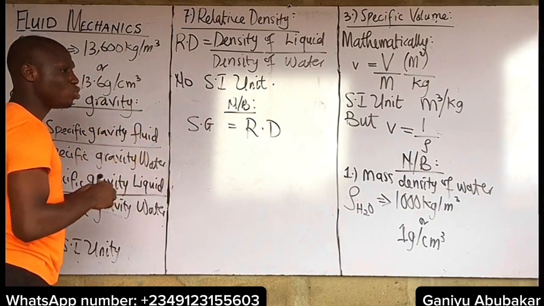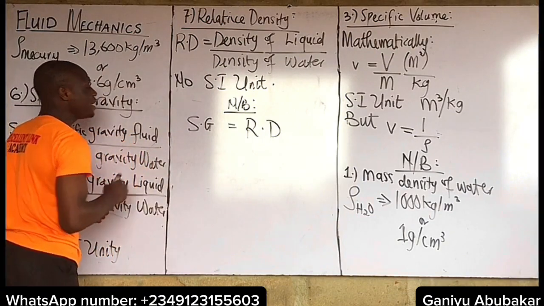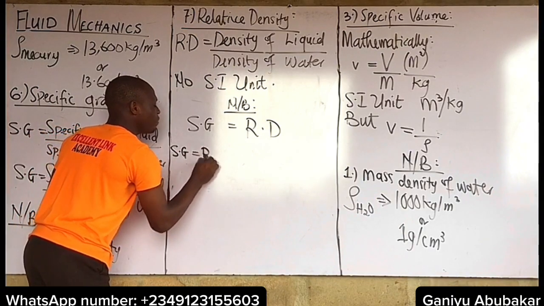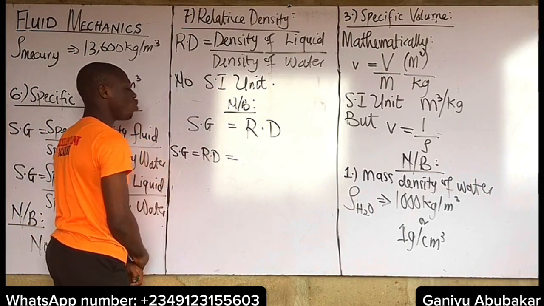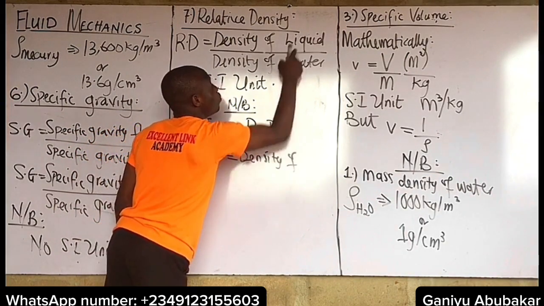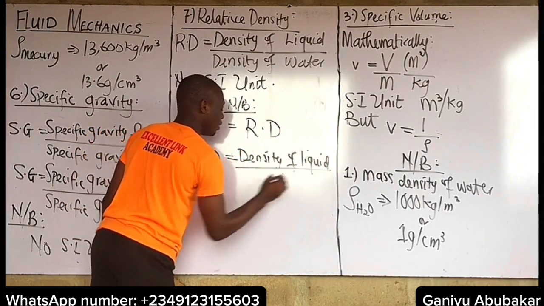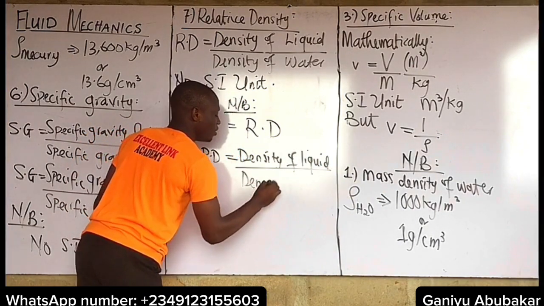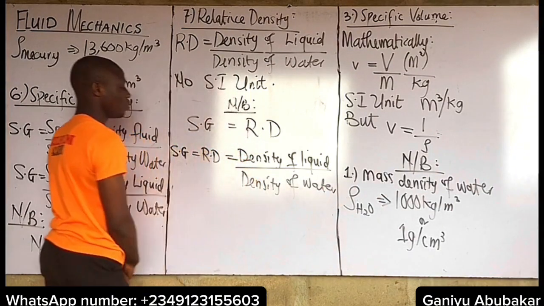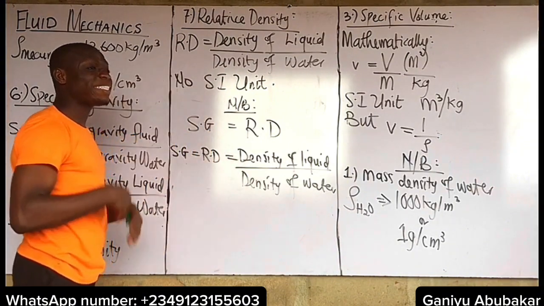If that is true, we're saying that specific gravity is equal to the relative density, which is equal to density of liquid over density of water. Now what we know is that density of liquid can also be called the mass density.